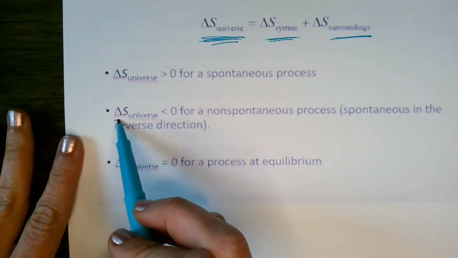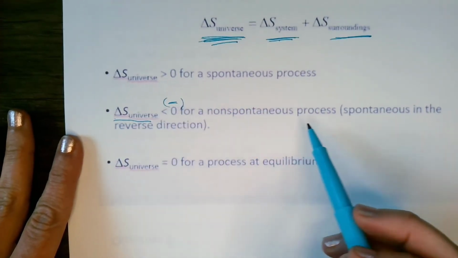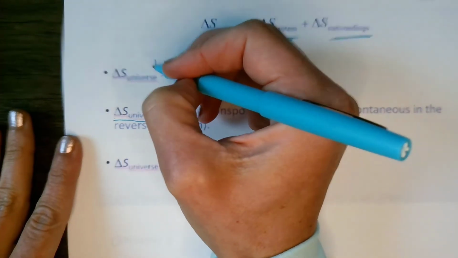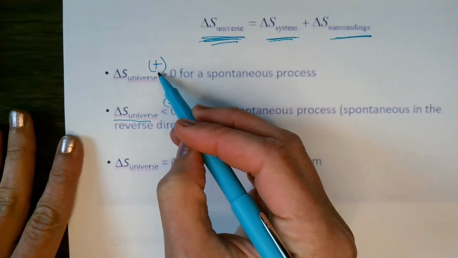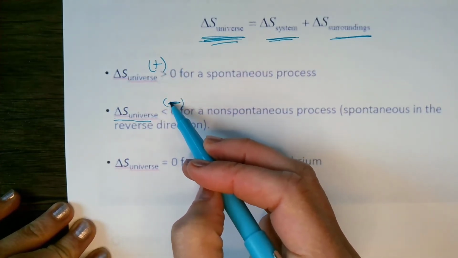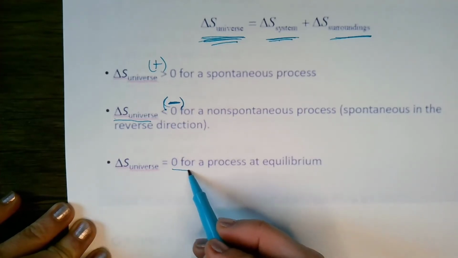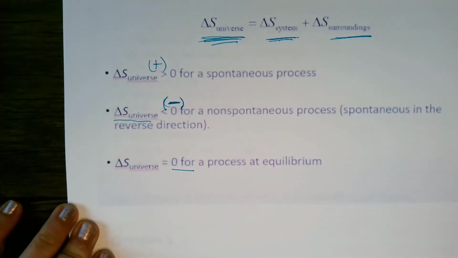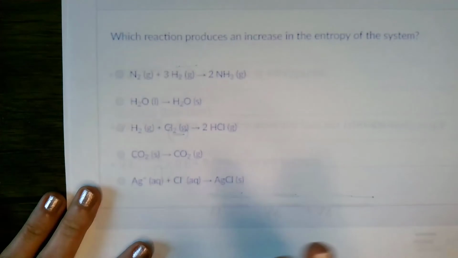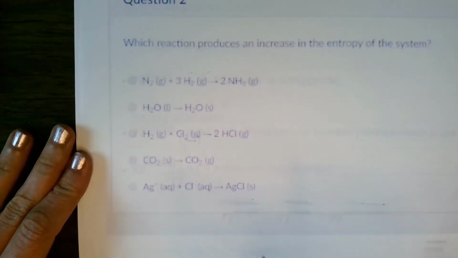If the delta S of the universe is greater than 0, it's a spontaneous process. If the delta S is less than 0, so negative, it is non-spontaneous. Positive is becoming more disordered. Negative means becoming more orderly. If the delta S of the universe is 0, the process is at equilibrium.